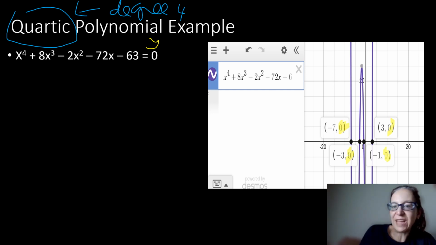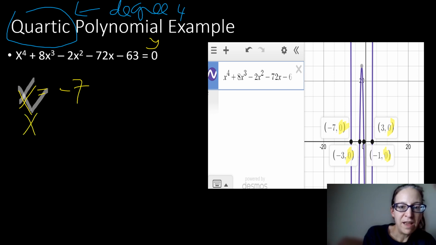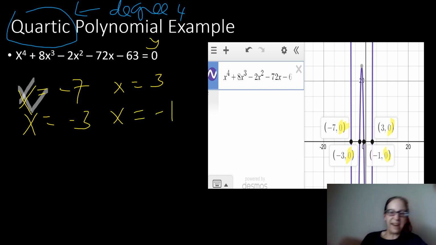You're looking for the x coordinate. So the solutions to this would be x equals -7, x equals -3, x equals 3, and x equals -1.